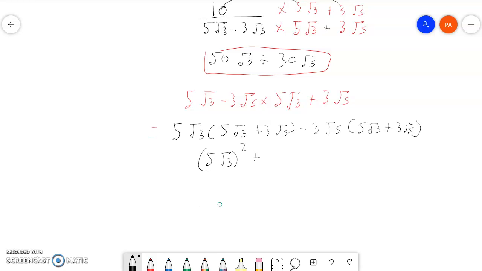And plus 5 root 3 into 3 root 5 can be written as 5 into 3, 15, and root 3 into root 5, root 15.